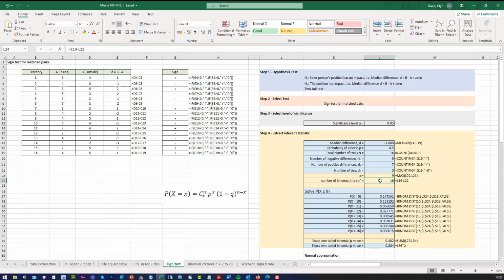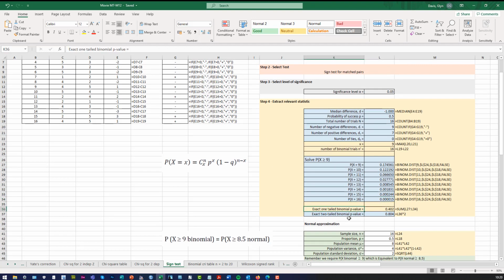Now we can calculate the binomial values for X equal to 9 using the BINOM.DIST function, as you can see there. And we can repeat it for X equal to 10, X equal to 11, all the way to X equal to 16. So the exact one-tailed binomial p-value is those numbers added together to give us 0.402.